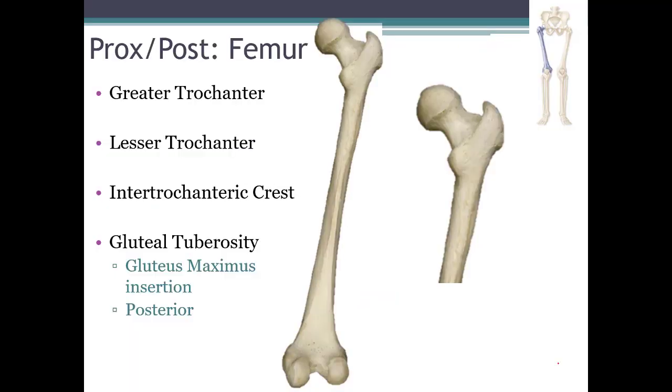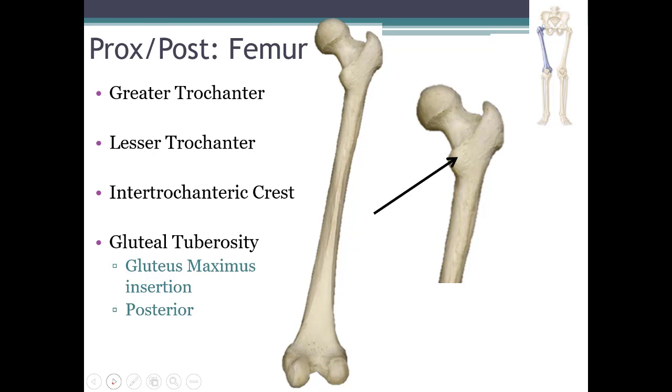If you remember back, the humerus had these two small rounded bony projections by the head that were called tubercles. But in our bone terminology lab, we learned that the femur has two large prominent bony projections that are called trochanters. And this is the only place in the skeleton that we will see a trochanter. We have a really big one called a greater trochanter and a smaller one known as the lesser trochanter.